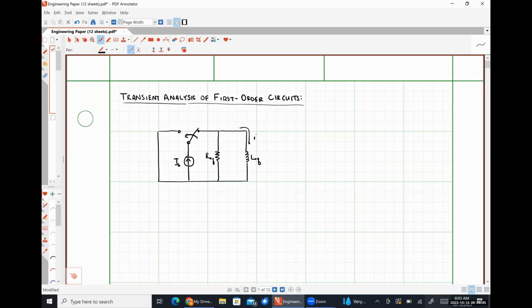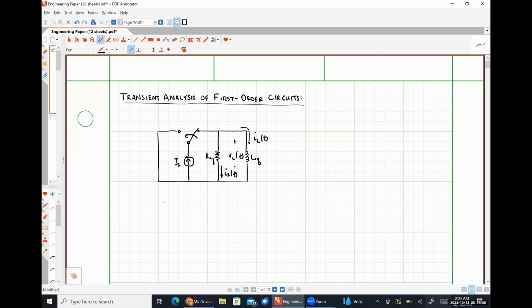Let's define IL of t here. Just for the sake of argument, let's call this IR of t. Let's call this voltage VL of t.